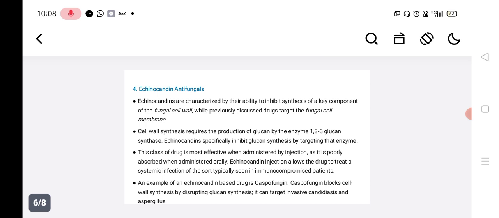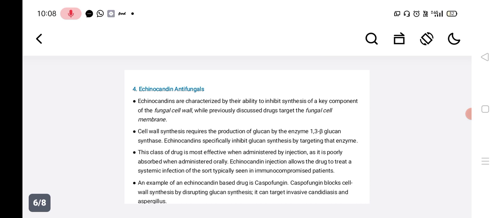echinocandin antifungals. Echinocandins are characterized by their ability to inhibit synthesis of a key component of the fungal cell wall, while previously discussed drugs target the fungal cell membrane. Cell wall synthesis requires the production of glucan by the enzyme 1,3 beta glucan synthase.